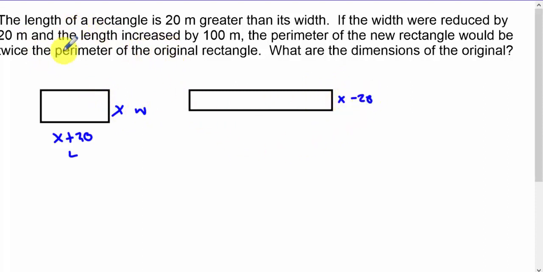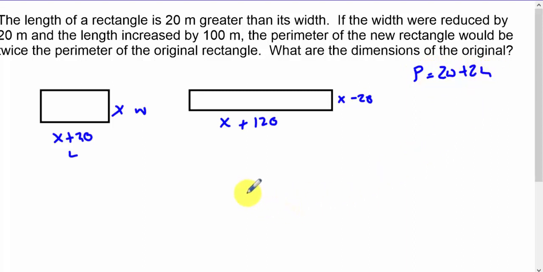And then they're going to increase this length by 100, so that's x plus 120. And the perimeter of the new rectangle is going to be twice the perimeter of the original. All right, so remember, perimeter is equal to 2w plus 2l.